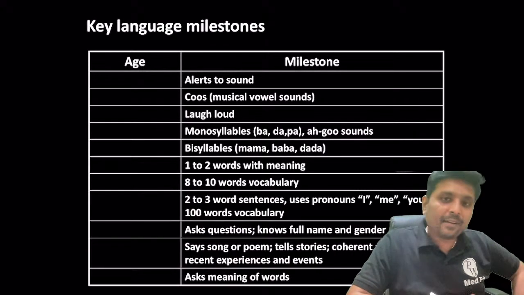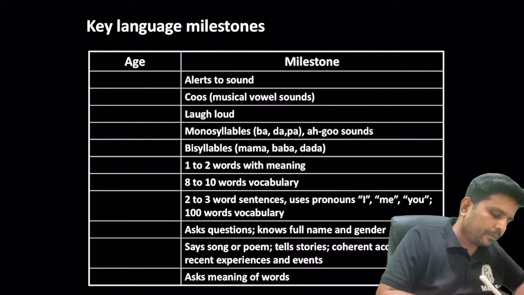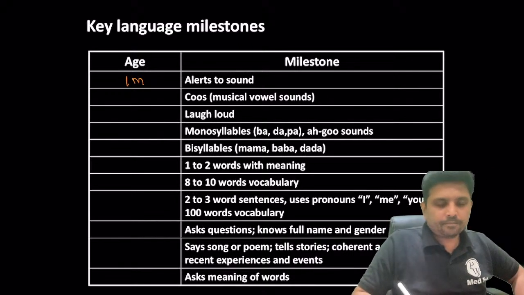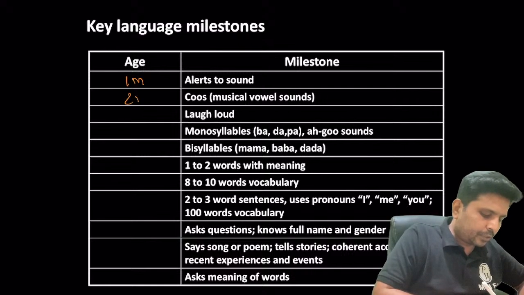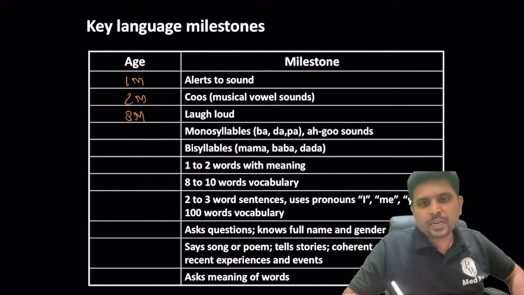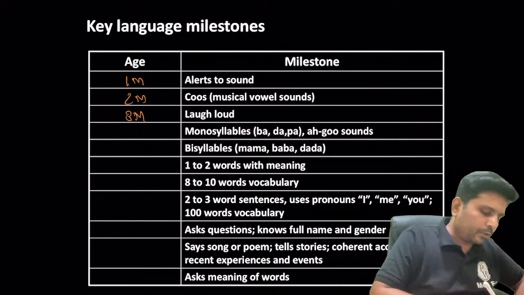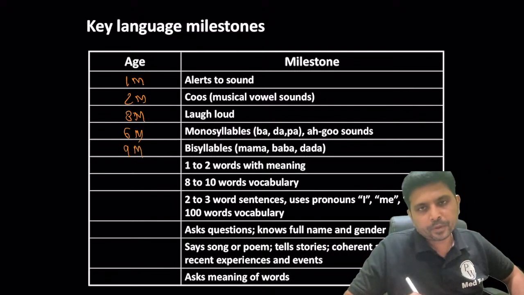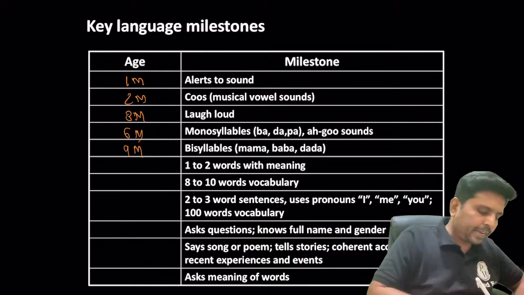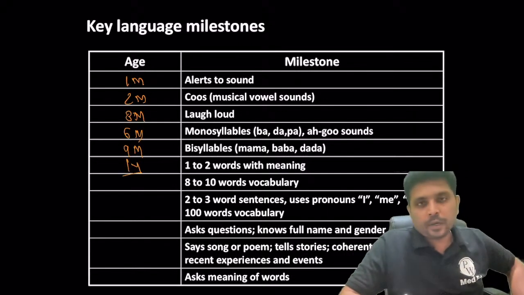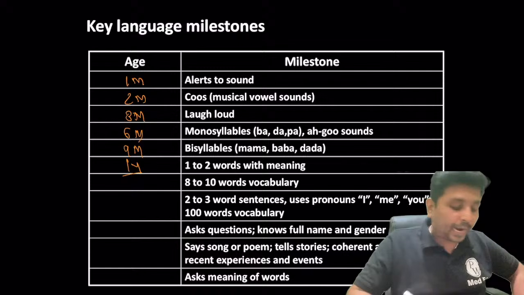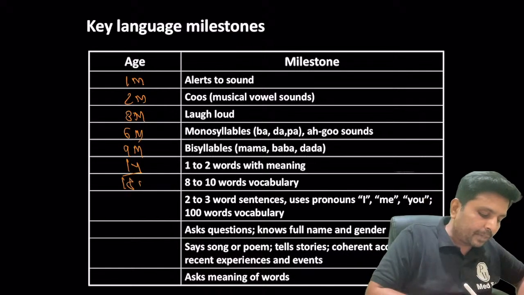Now, key language milestones. Alerts to sound at 1 month itself. Cooing 2 months. Laughs loudly 3 months. Monosyllables ma, pa, ta by about 6 months. Bisyllables by about 9 months. One or two words with meaning 1 year. 8 to 10 words by about 18 months.